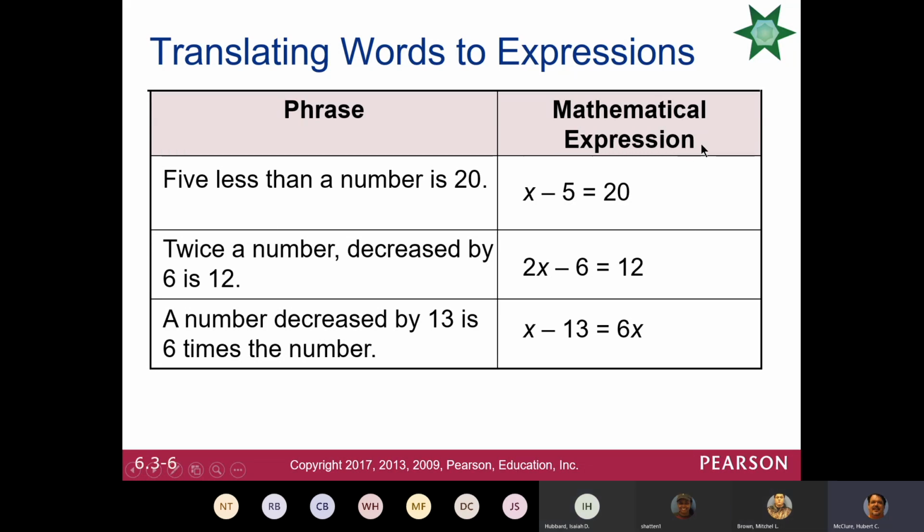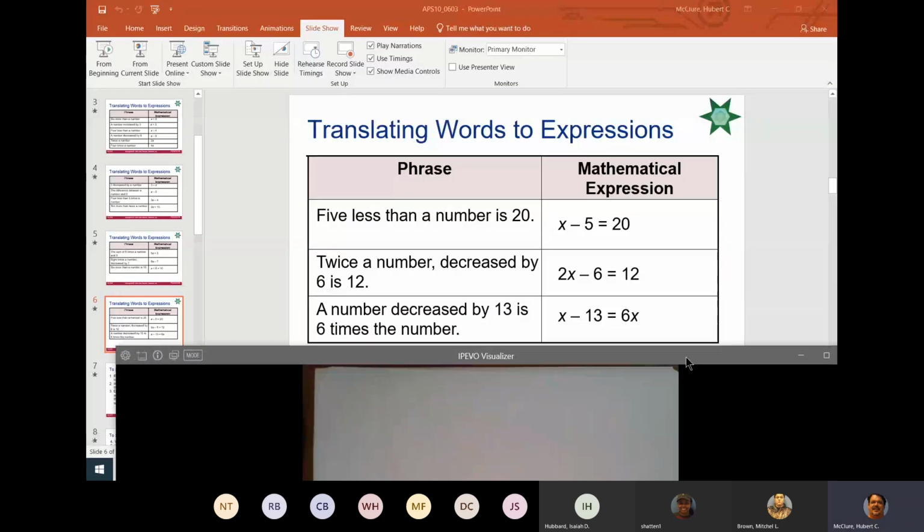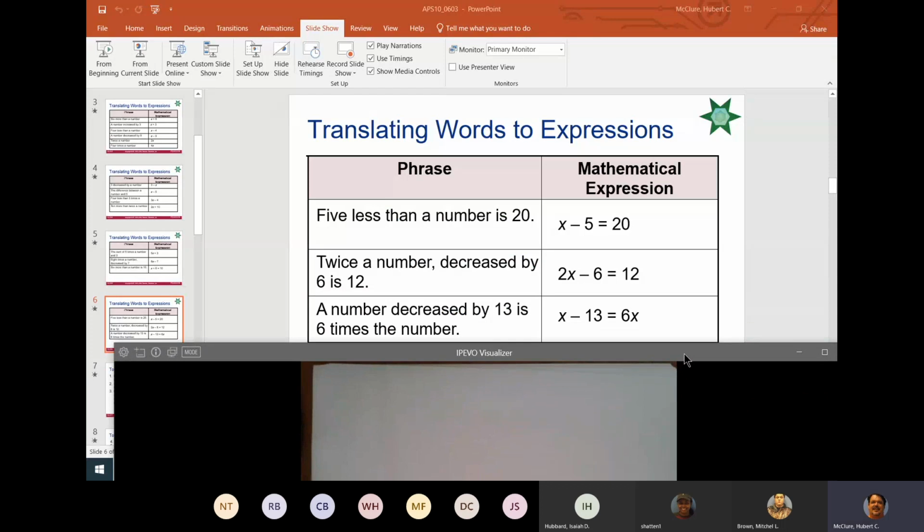Is is a 25-cent word for equals. Write that down. I'm going to write it down right here. Is means equals. So whenever you see the word is, that usually means equals. And the word to the right of is usually goes on the right side of the equal sign.